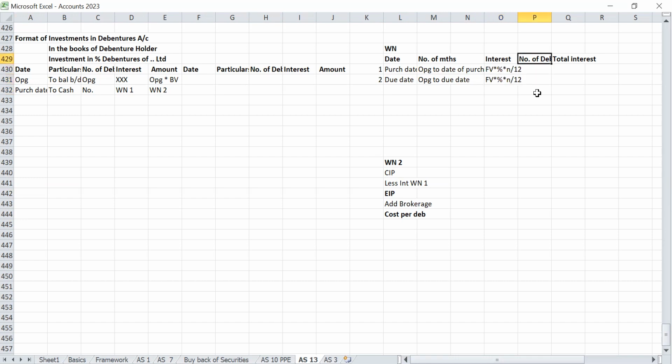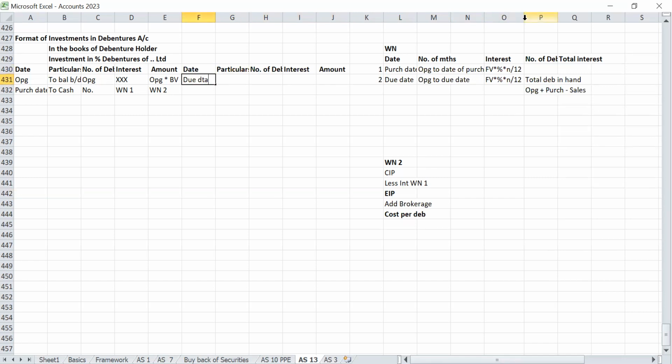The number of debentures will be the total number of debentures in hand, that is opening plus purchases minus sales. For that you will receive interest from the company. That you should write here.